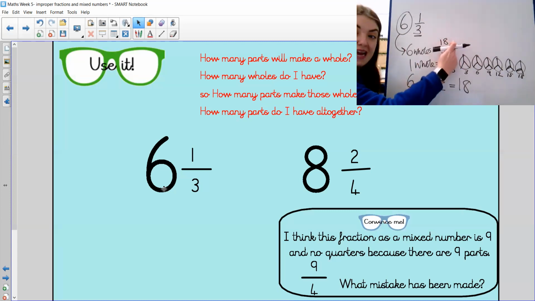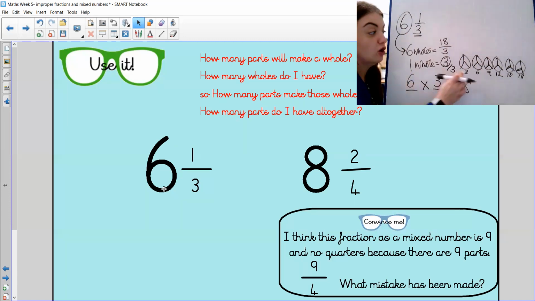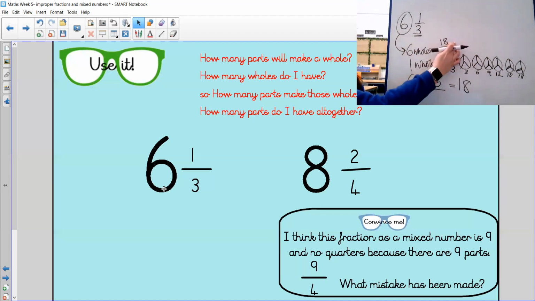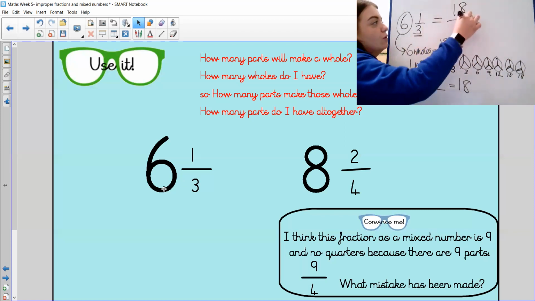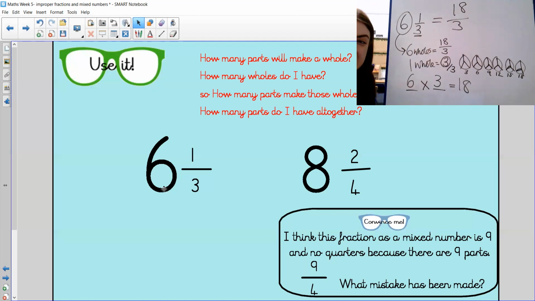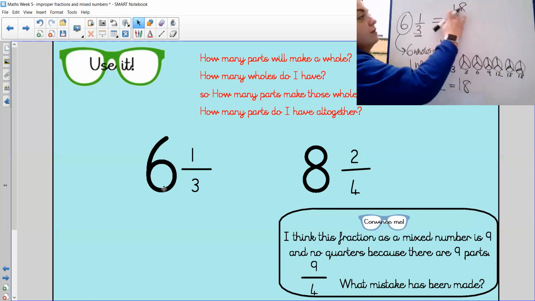Remember, we are creating this improper fraction, so the parts that you have are going to be larger than your original starting number, because I've got 6 lots of those thirds. So 6 wholes is equal to 18 thirds. Have I finished? Can I say that 6 and 1/3 is equal to 18 thirds? No, because what have I not done?